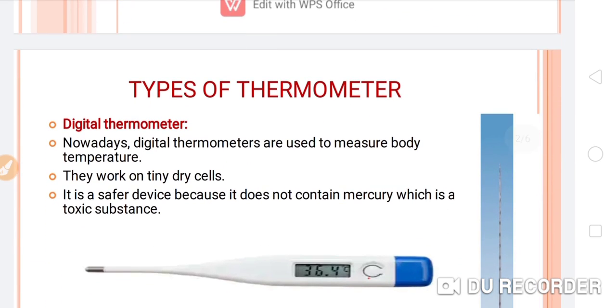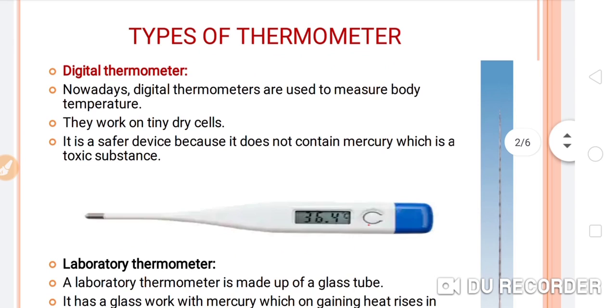The first topic we are going to discuss is types of thermometer. There are two types of thermometer in this chapter. Number one, digital thermometer, and you can see a digital thermometer in this picture. Nowadays digital thermometers are used to measure body temperature, meaning we use it as a clinical thermometer.